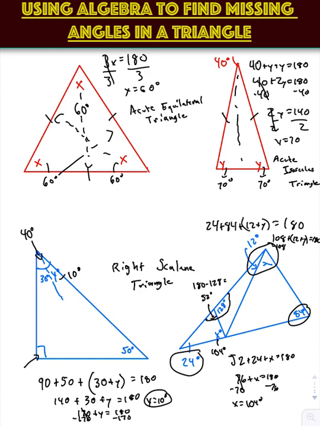Go ahead and subtract the 108 out of there. I am left with 12 plus y equals 180 minus 108 equals 72. Subtract 12 from both sides. I now know that y is 60, which means that this whole angle here is 72 degrees.